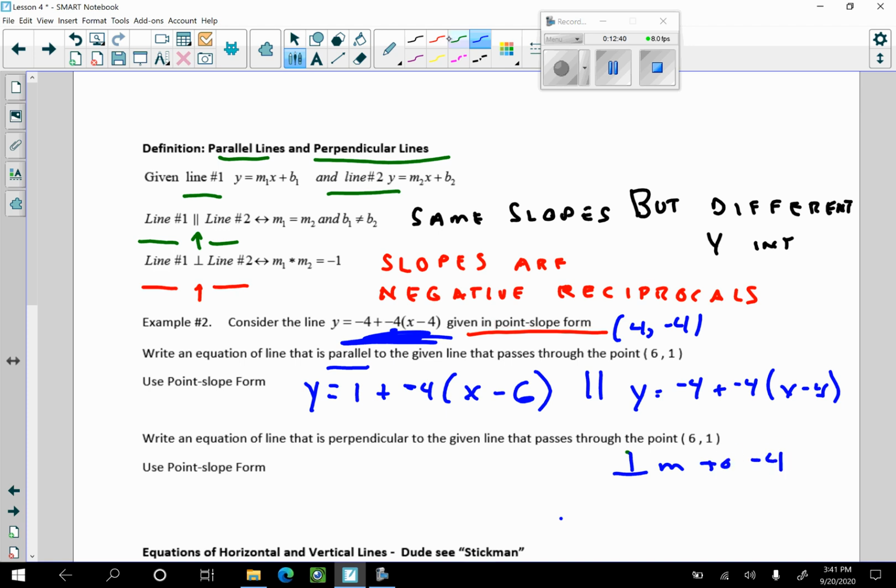Well, that slope is going to be 1/4, since 1/4 times negative 4 is equal to negative 1, and 1/4 is the negative reciprocal of negative 4. So if I want the point-slope form, that line is simply going to be y is equal to 1, that's my y, plus the slope, which is 1/4, times x minus 6. So that's the perpendicular line to this particular line right there.